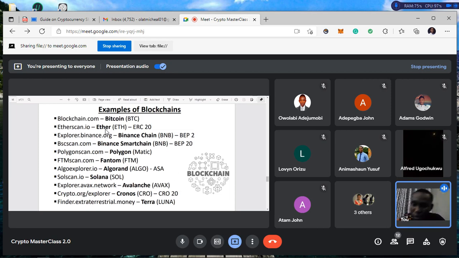You should take note that Binance has two coins. Any coin that is from its own blockchain is called a coin. Those digital assets that exist on another blockchain, that exist on a blockchain, are called tokens.